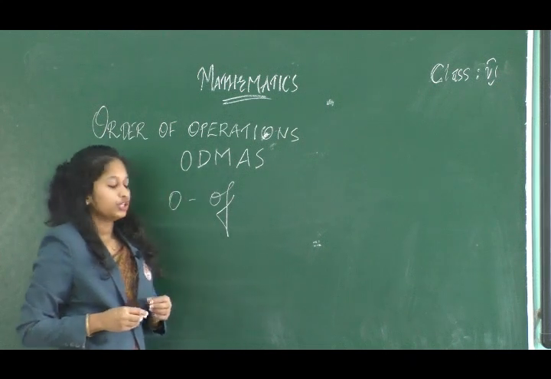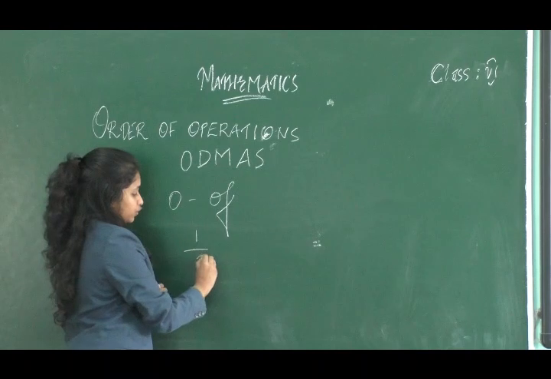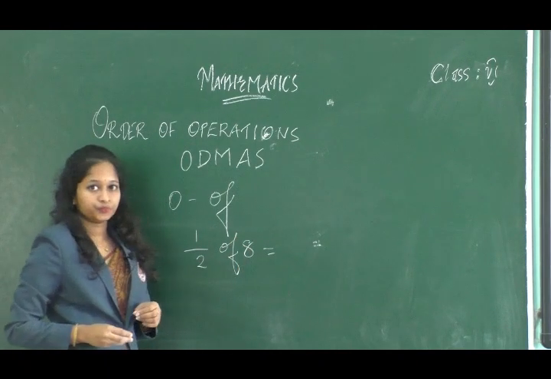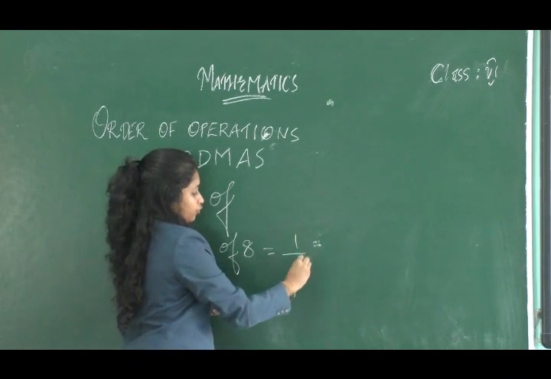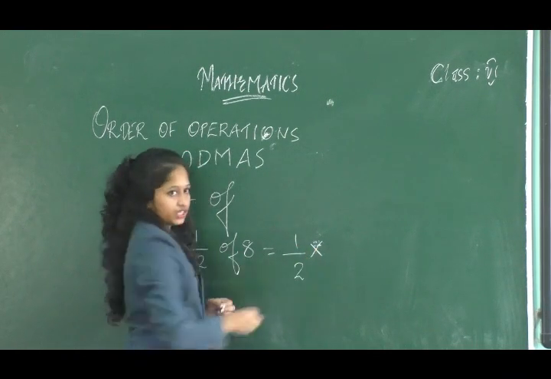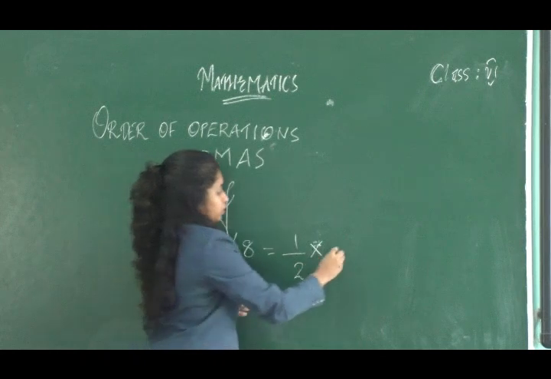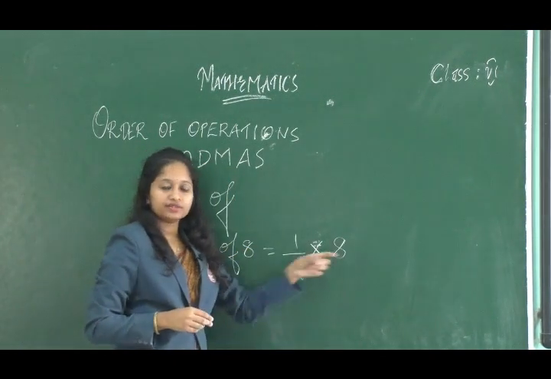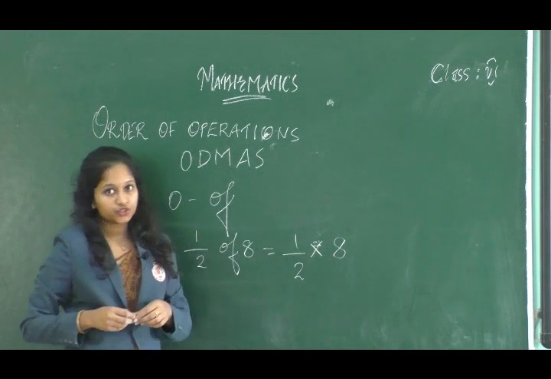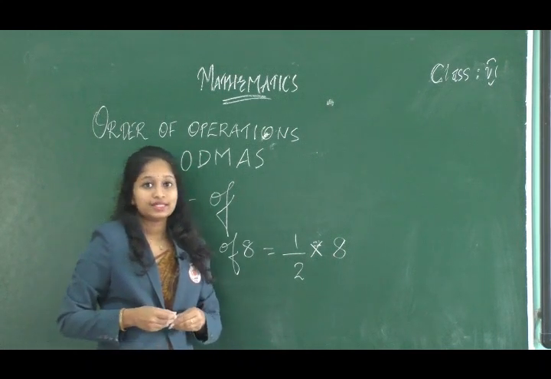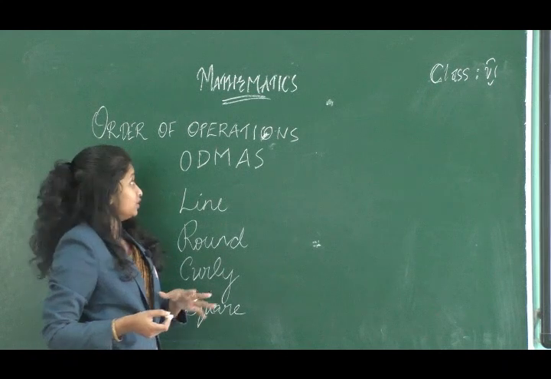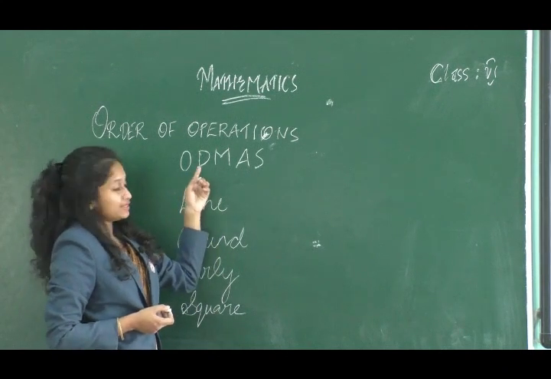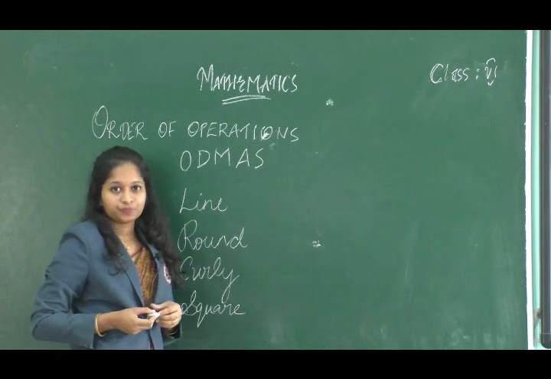For example, if you have 1 by 2 of 8, what will you do? In the place of of, you have to put a multiplication symbol and write. Now, 1 by 2 into 8 is 8 by 2. What is 8 by 2? It's 4. So now we have learned about of operation and DMAS.